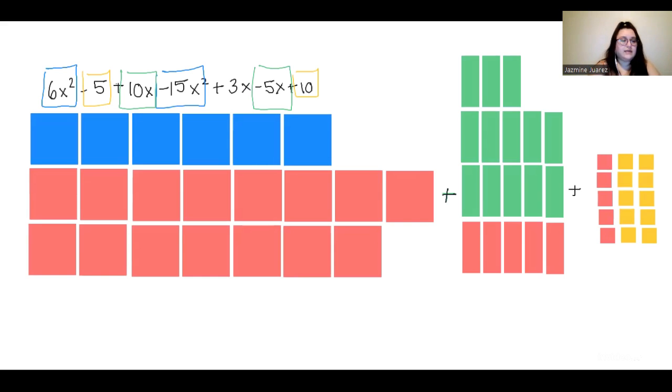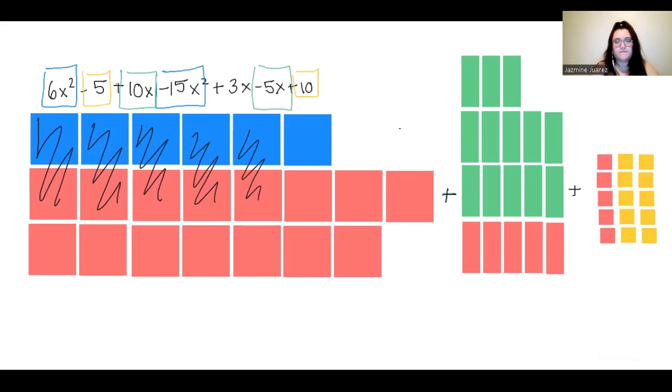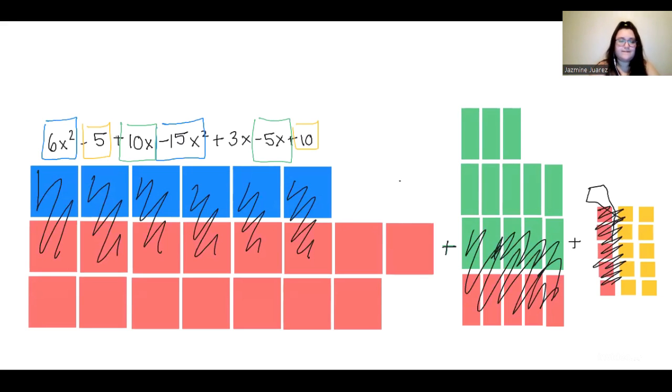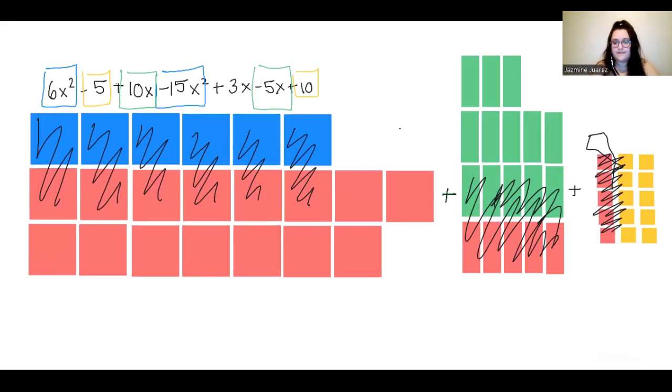I can now do the cancellation I did before. So these two cancel or zero out. So do these. And then all of these. What I am left with here: 1, 2, 3, 4, 5, 6, 7, 8.